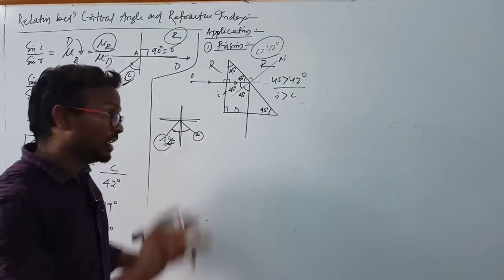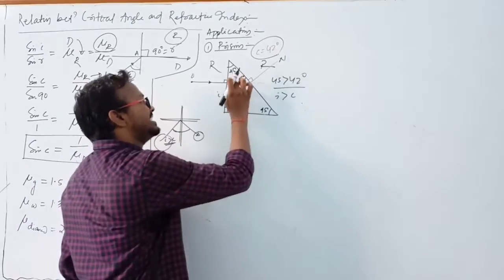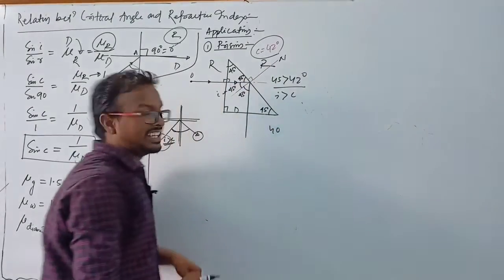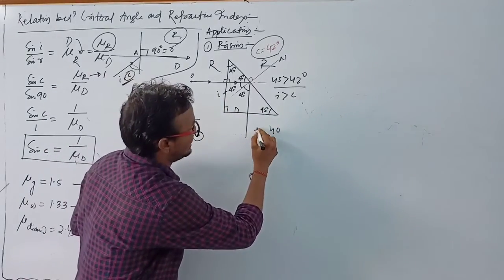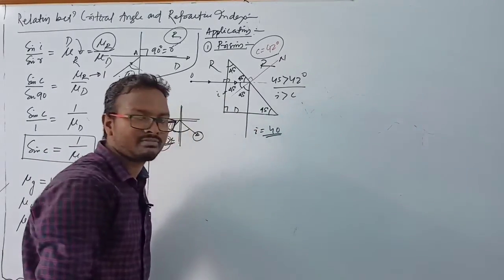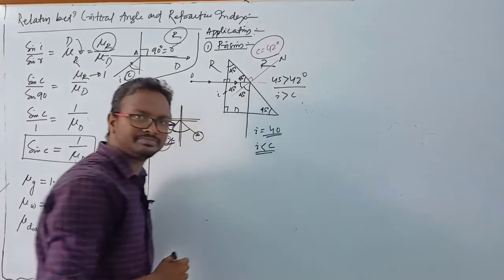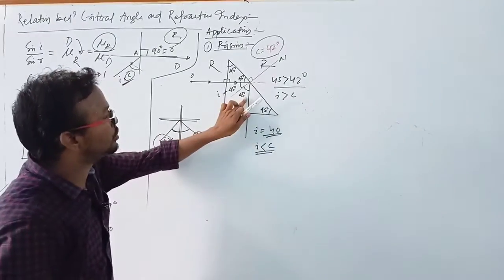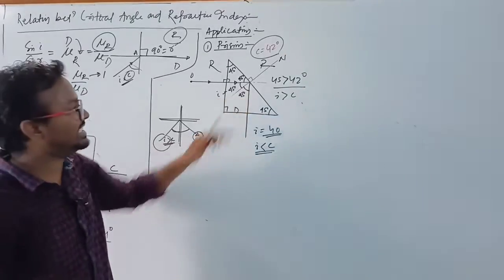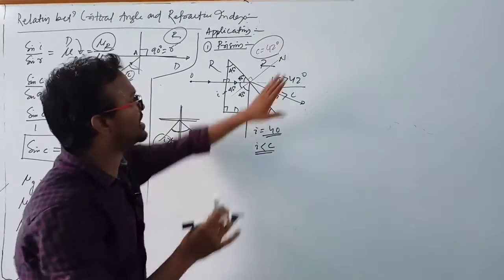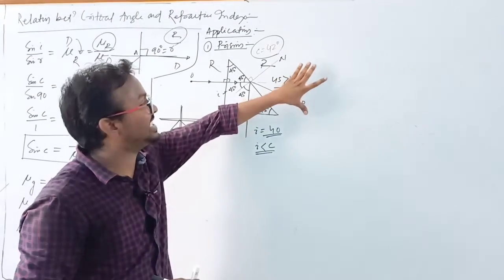Imagine that the angle of incidence I is 40 degrees, which is less than the critical angle. Then there is no total internal reflection, and the ray travels in this direction or any direction toward the rarer medium.